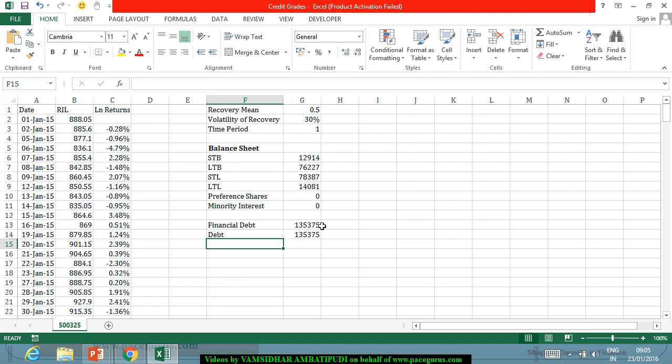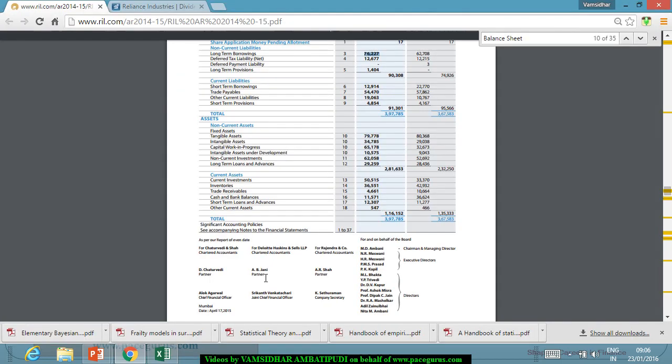Now I also need to compute the total number of shares, right? So share related information I need to capture. So we got the total number of shares in crores, right? Number of shares, we got it in our earlier video, 3236 crores.